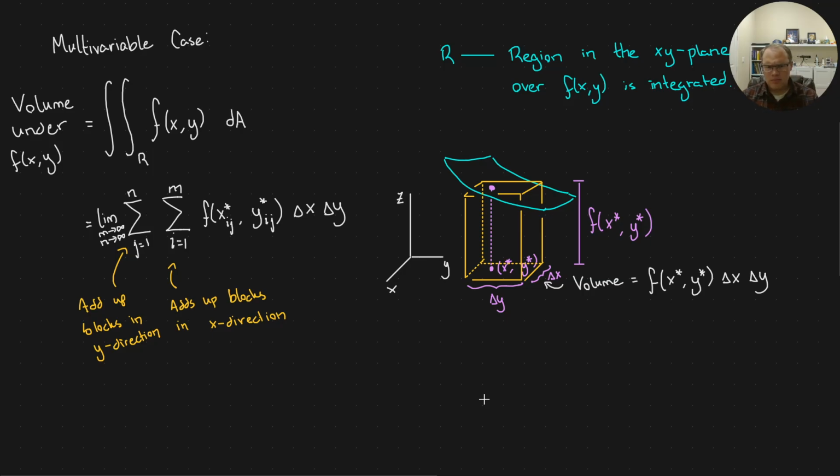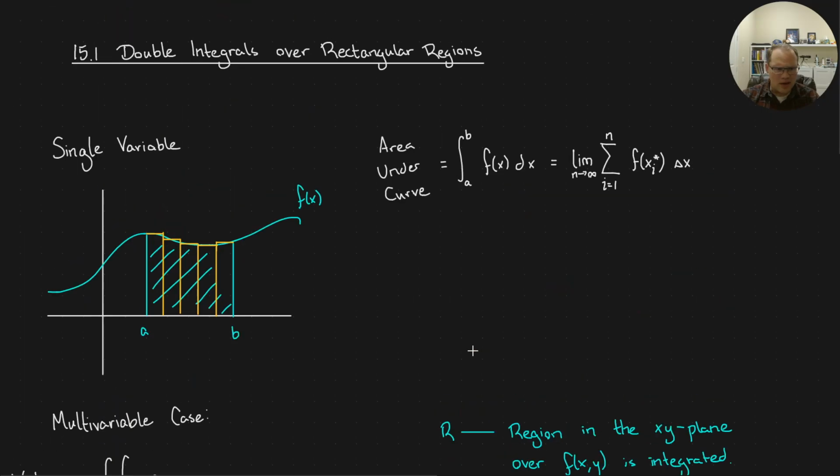But this doesn't look particularly easy to calculate, does it? However, if you stare at it long enough, it will look familiar, specifically this bit right here. If we just focus on this bit, what do we notice? That looks a lot like what we had for the single variable function, didn't it? We were adding up just a single summation, some function, and then we had a delta x at the end.